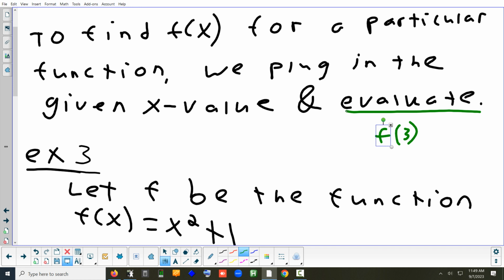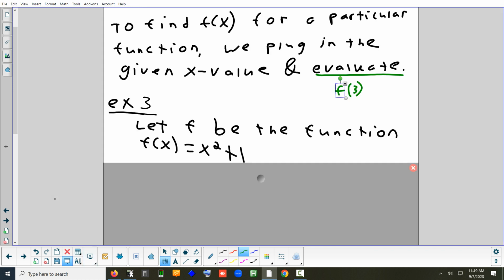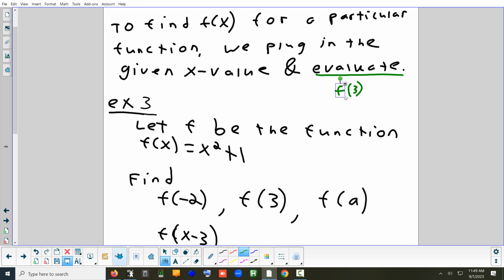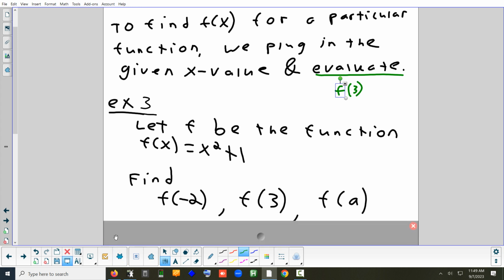Actually, I think we're gonna do that one. Yeah, let's try those. So I'll do them, I'm just going to put them right here.